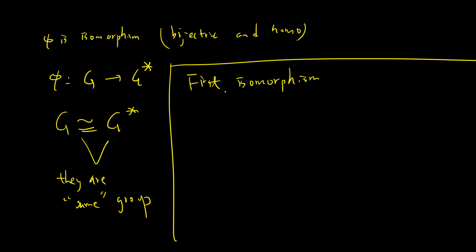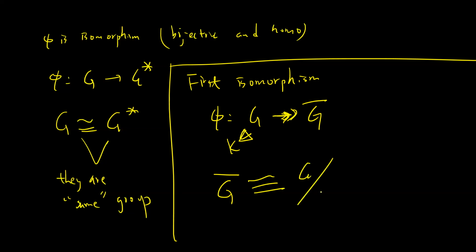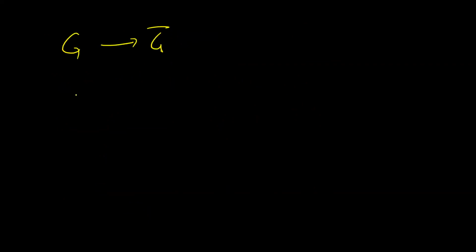If you have a homomorphism from G to G bar, then you have a kernel, let's say K. The kernel is a normal subgroup of G. Then, if it's onto, you can prove that G bar is isomorphic to G quotient K. Or if you neglect onto, you are just saying that the image of phi is isomorphic to G quotient the kernel of phi.